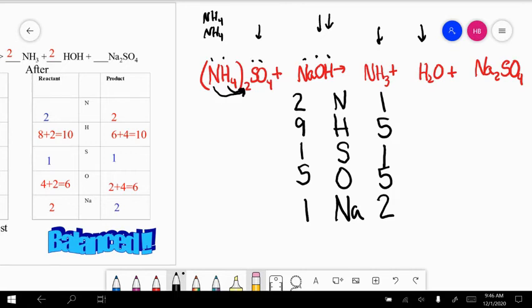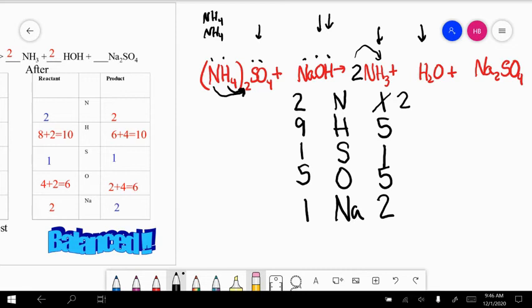Sulfur's already balanced, so I'm going to put a 2 here. When I put a 2 there, that changes my nitrogen, but I have to be careful because it also changes my hydrogen. Now, don't get tricked into saying, well, I put a 2 in there, so I've doubled the amount of hydrogen. I have double the amount of hydrogen only in this compound.